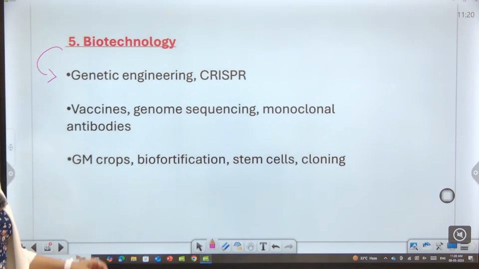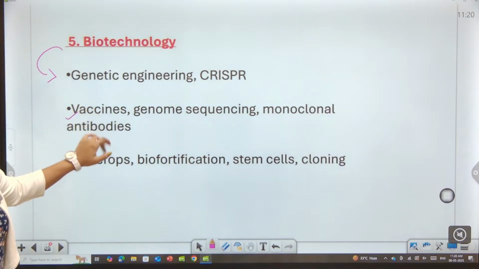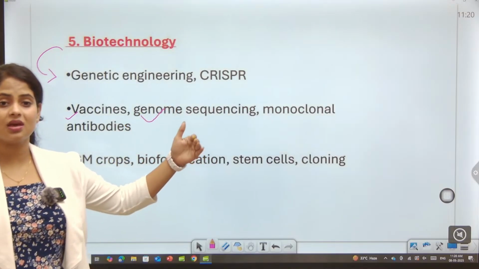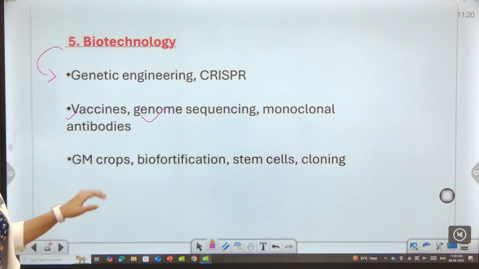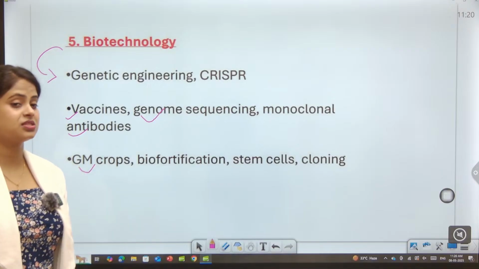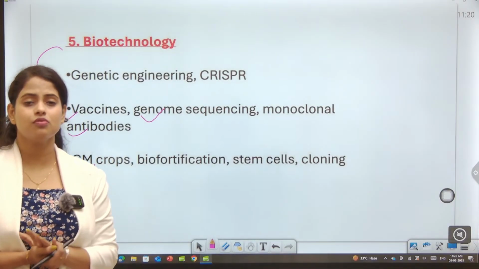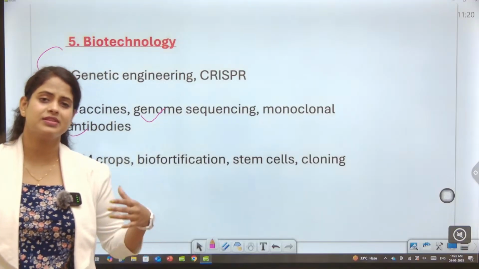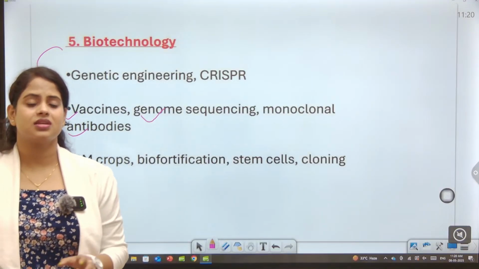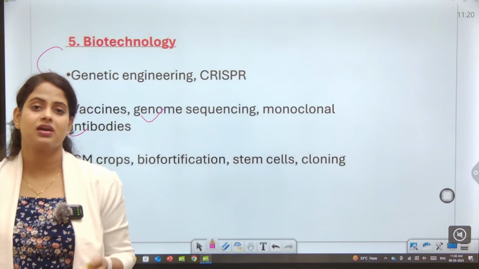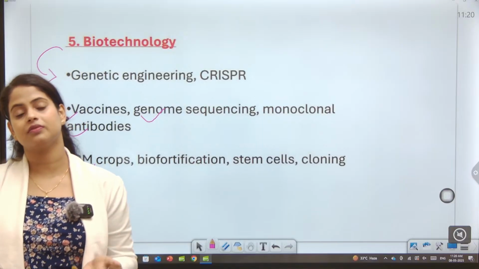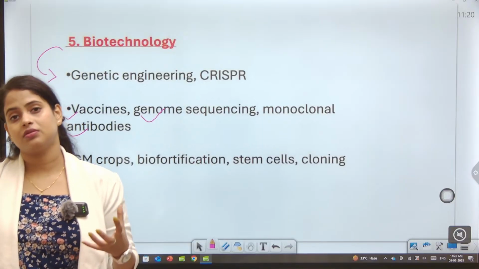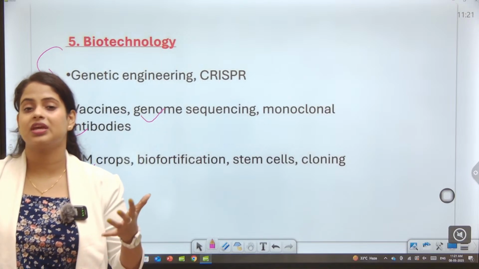Okay. So about vaccines, genome sequencing, monoclonal antibodies, and GM crops, that is genetically modified crops. So what are genetically modified crops? We will discuss in the classes that genetically modified crops are essential for our day-to-day life, whether we have a lack or deficiency of any kind of vitamins.